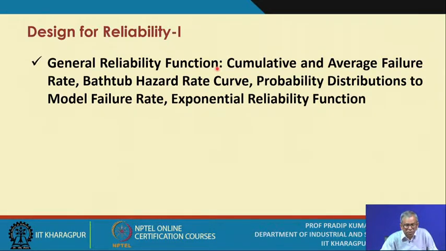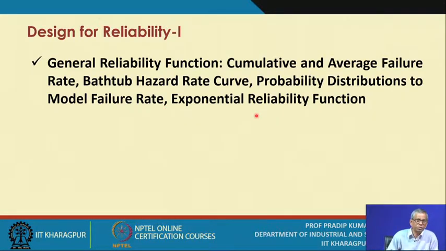In these lecture sessions, I will be discussing cumulative and average failure rate, the so-called bathtub hazard rate curve or the life cycle curve, probability distributions to model failure rate, and the exponential reliability function.